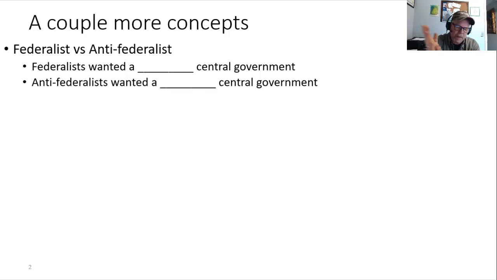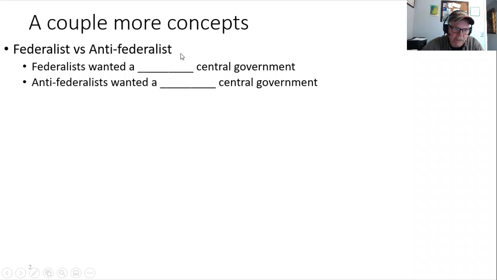Now that we have the country founded, the Articles failed, rewriting this new Constitution, there's two groups at play. And these are all part of the Founding Fathers. Federalists, Anti-Federalists. Federalists, if you think about Federalists as federal government, the fill in the blank part is they wanted a strong, a powerful central government.